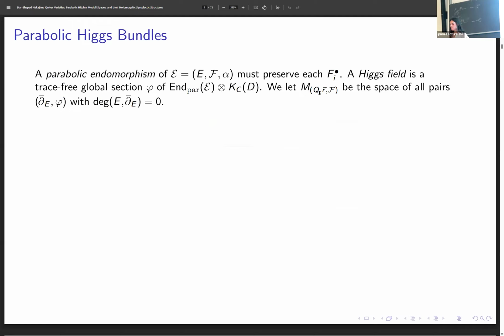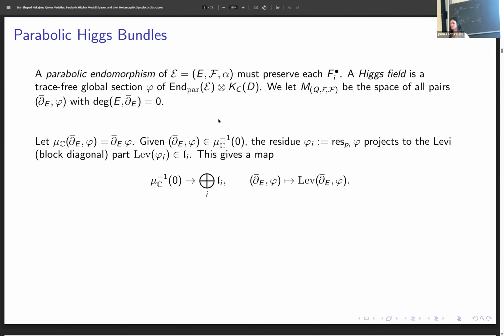And I define this M_{Q,r} to be this configuration space of all degree 0 Higgs bundles, so a complex structure, or a holomorphic structure, as well as a Higgs field. And I'm interested in the Higgs fields which are holomorphic. So I define this level set within the configuration space consisting of holomorphic Higgs fields.